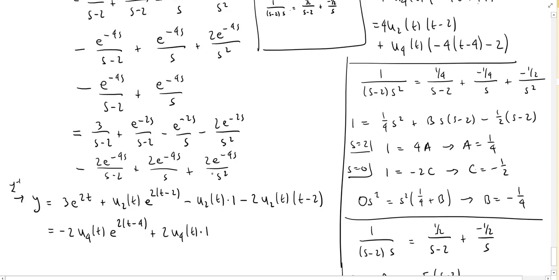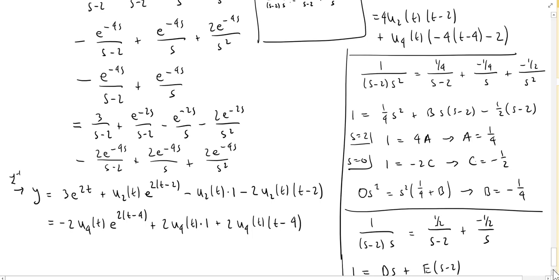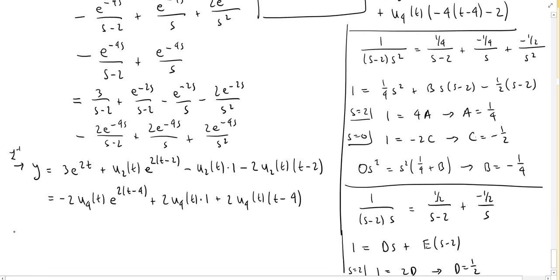And then same idea down here as we had up here. So this will be plus 2 u4 of t, and 1 over s squared is the Laplace of t, so we'll shift the t this time by 4. Okay, and so we can do a little bit of factoring, but nothing super special at this point.